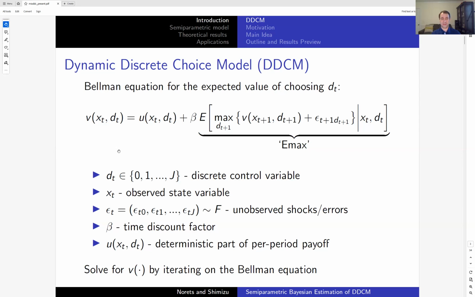The state variables would be how many doctor visits and work absences they already accumulated. Utility will depend on things like patients having to pay a copay to visit a doctor, and having to forego some portion of their income when they use sick days. The counterfactual experiment would be: what if we change the copay? How much more would patients use doctors?